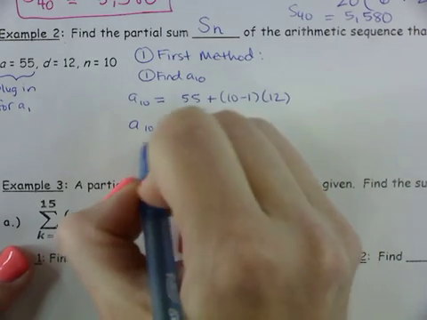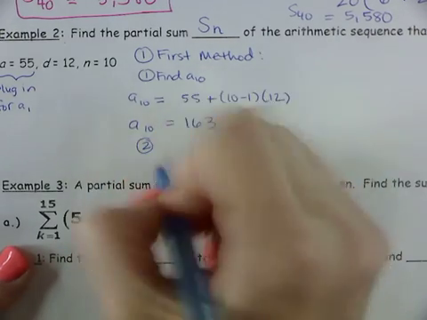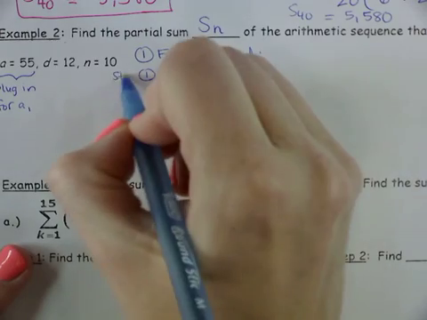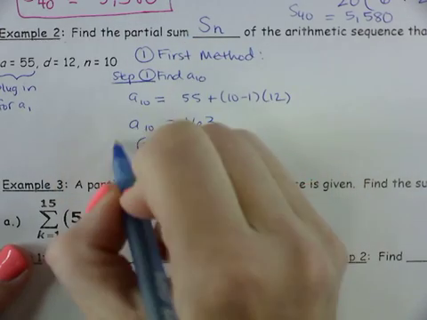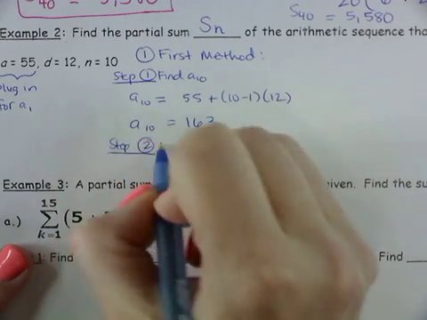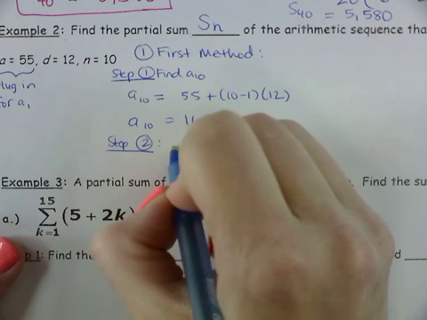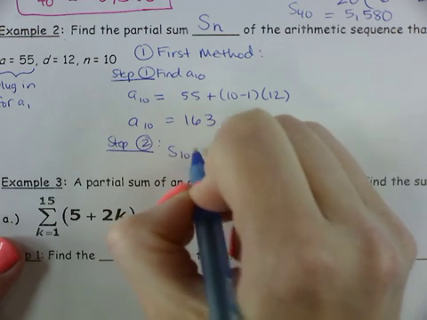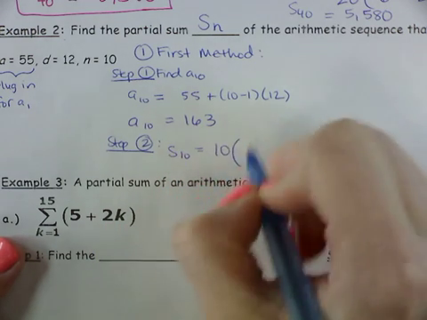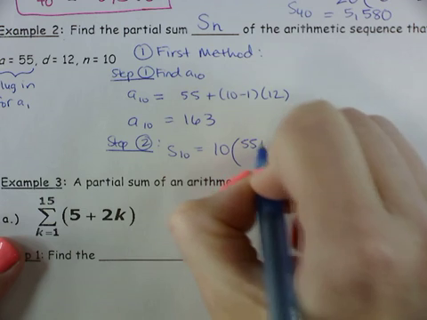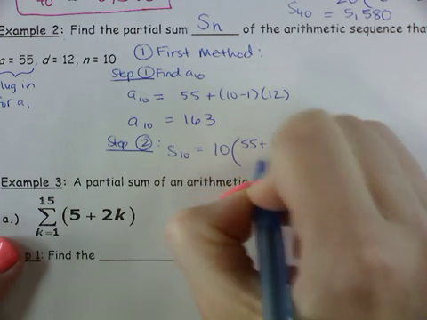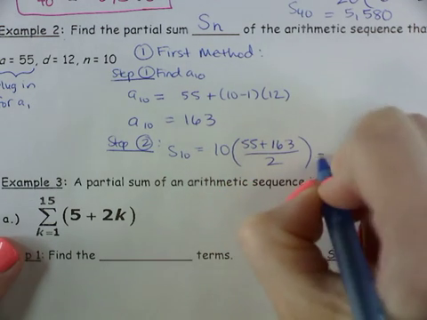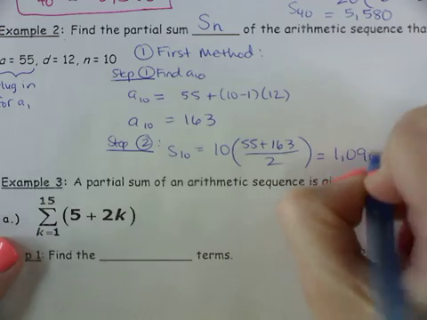And then step 2, really I guess I should call it A and B. Step 1, step 2. So then S sub 10 would be 10, A sub 1 plus A sub 10 divided by 2, which would get you 1,090.